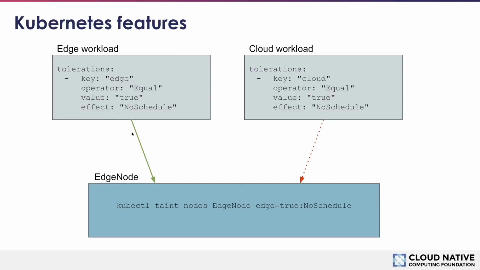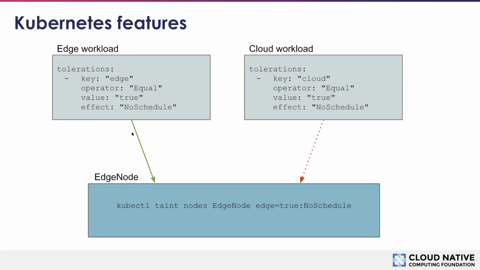So when we have a node defined like this, we can see above the two pod specifications, and on the left side the specification has a toleration for this. Meaning that this pod is able to run on the edge node, while any pod without that toleration, for example the pod on the right, will never be considered to be scheduled on the edge node.